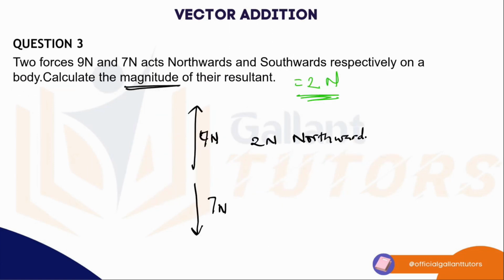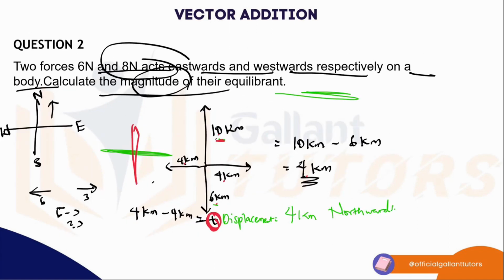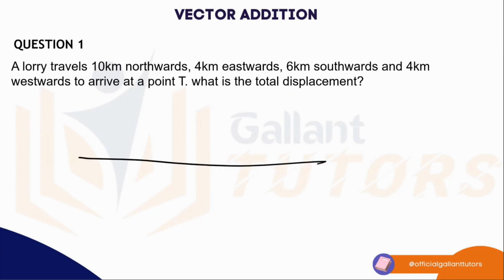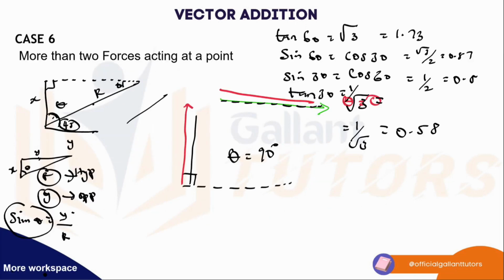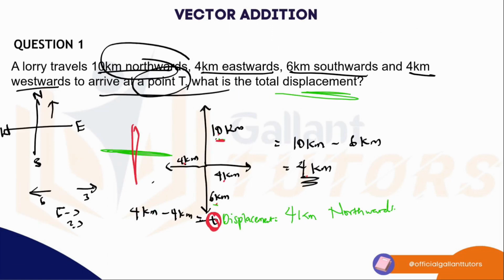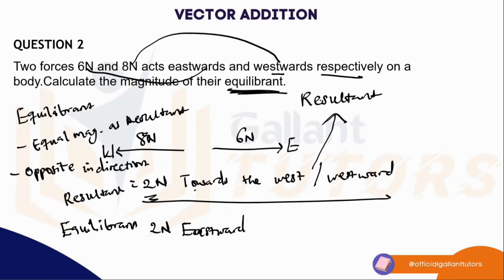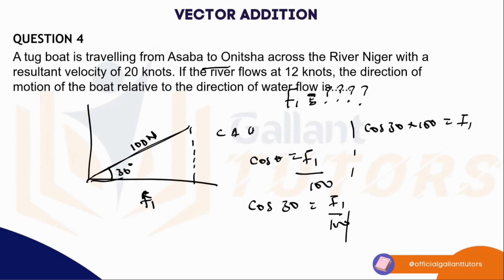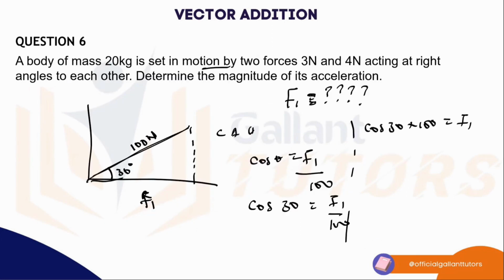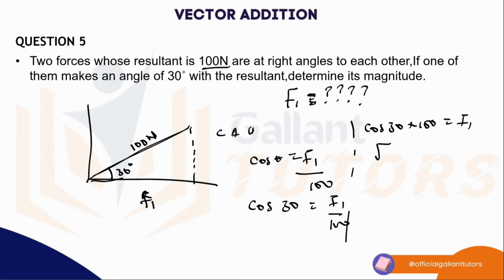Do you still remember? If in case you've forgotten, cos 30 is what? Root 3 over 2. You shouldn't forget that. It should be within mind always. Okay, so we have root 3 over 2 times 100.